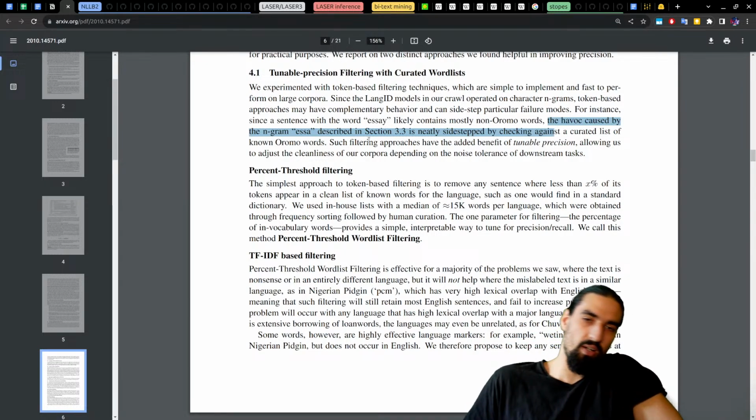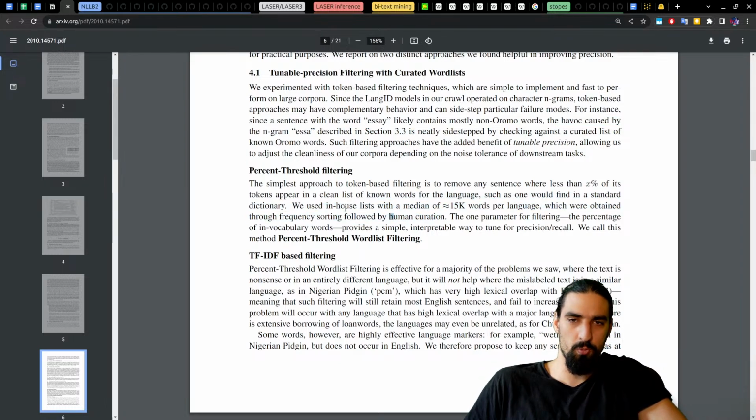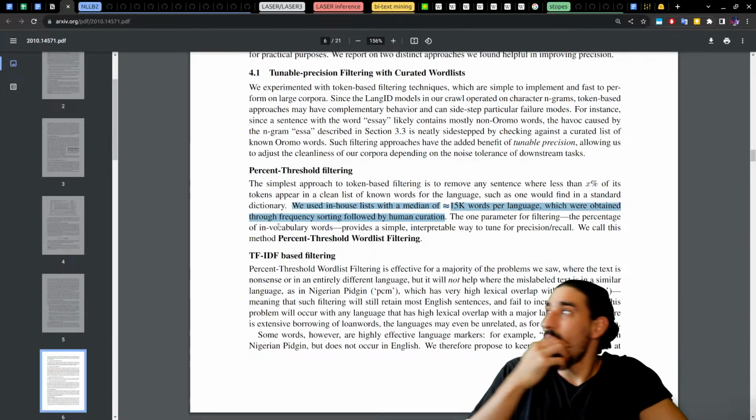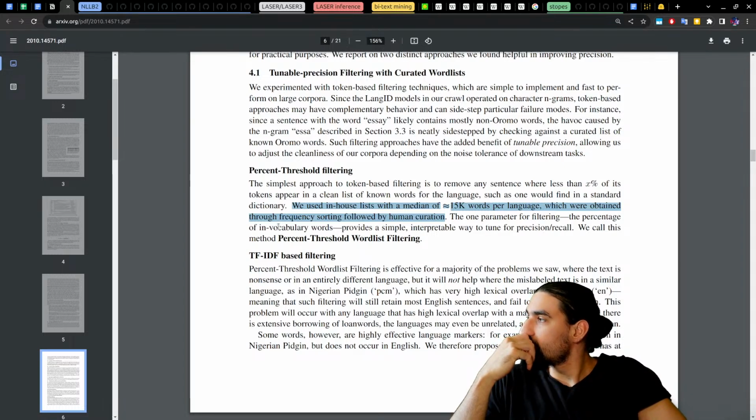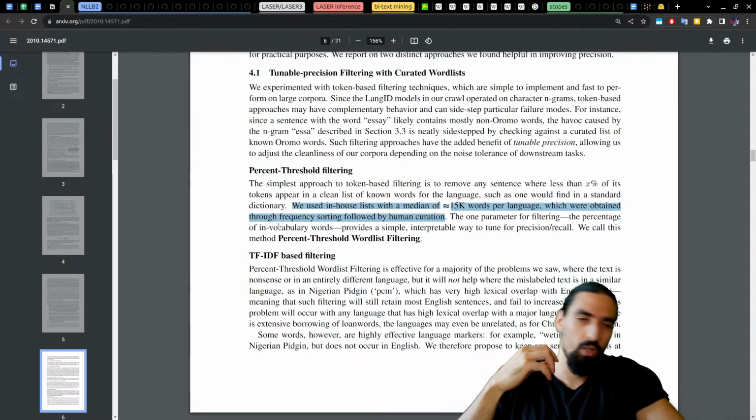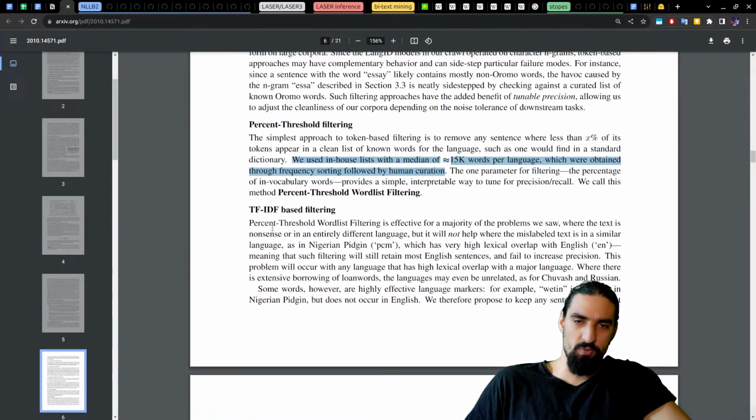Okay, TF-IDF based filtering, but that requires the in-house lists from Google, which we don't have. There are probably some dictionaries we could use, especially for, yeah. Okay, TF-IDF based filtering.